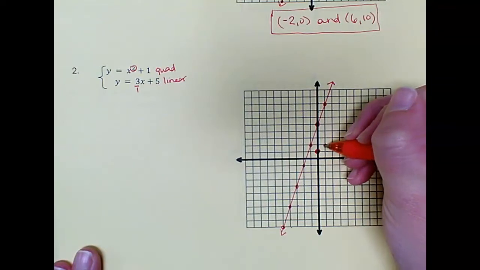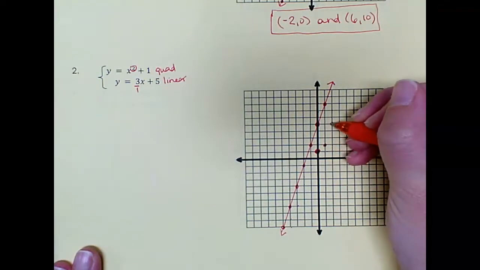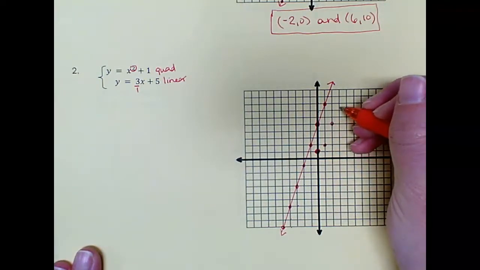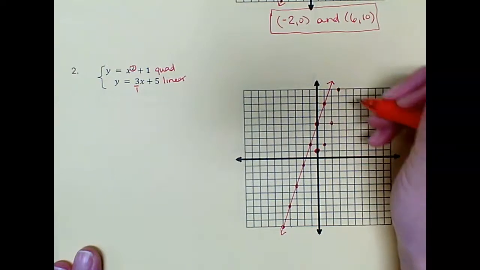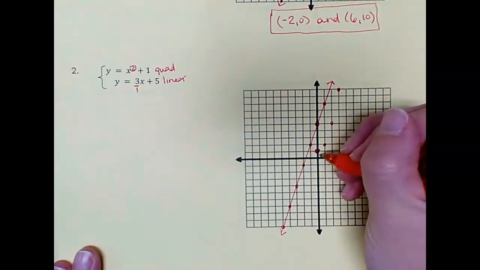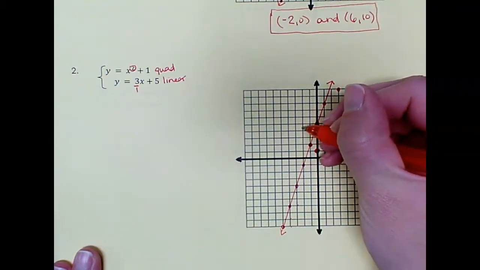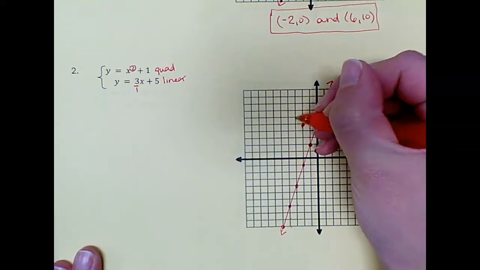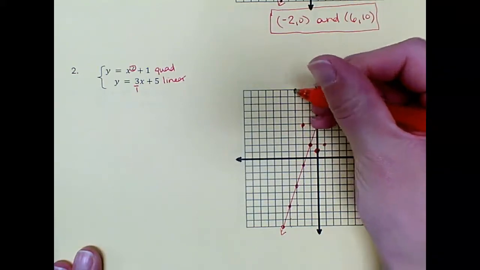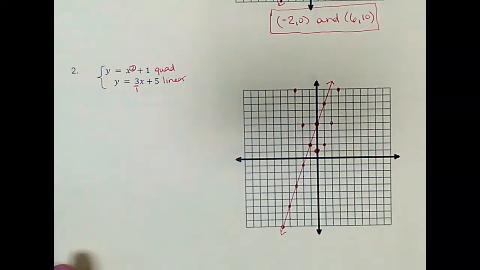So over 1 up 1, over 1 up 3, over 1 up 5. Same on the other side. Over 1 up 1, over 1 up 3, over 1 up 5. Now I noticed something.